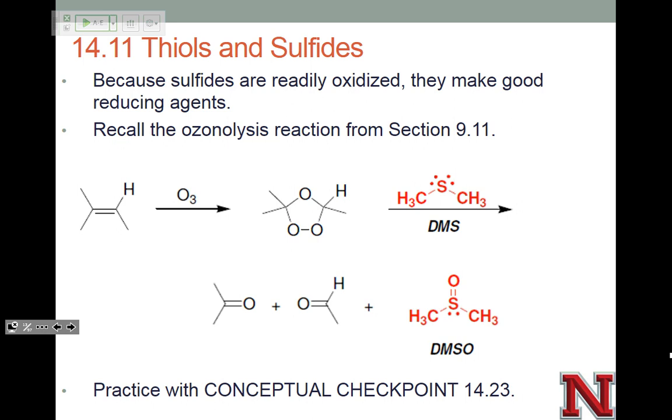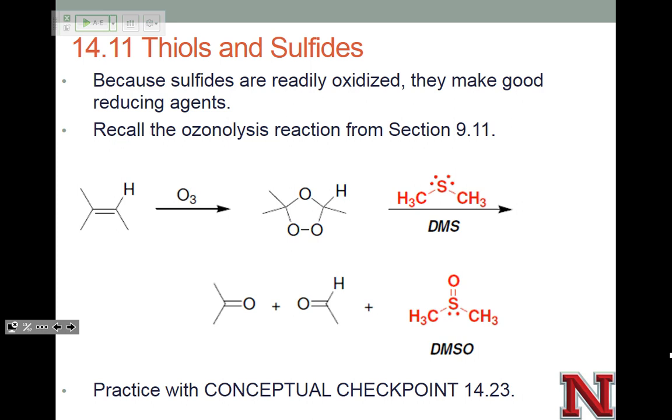DMS is dimethyl sulfide. That's all the DMS stands for. The reason why DMS is used is because once we form this 5-membered ring structure, we need to reduce our carbon-oxygen double bond. And if we look at the carbon here, this is a reduction if you calculate the oxidation states between this carbon and this carbon.